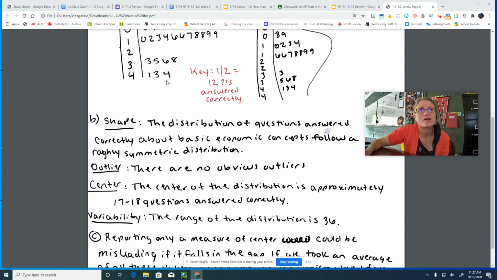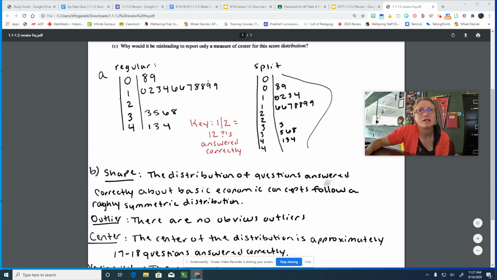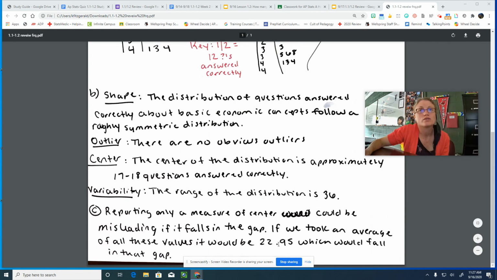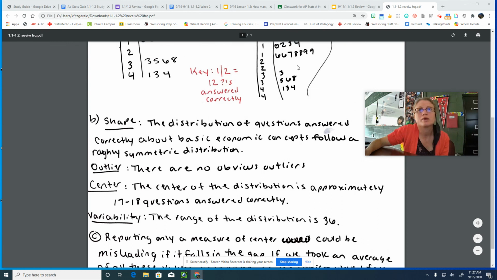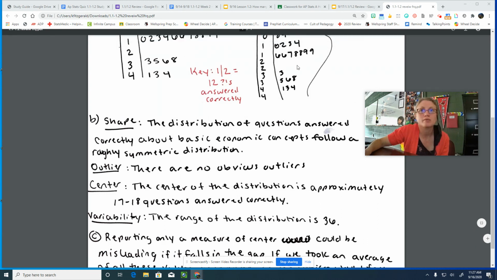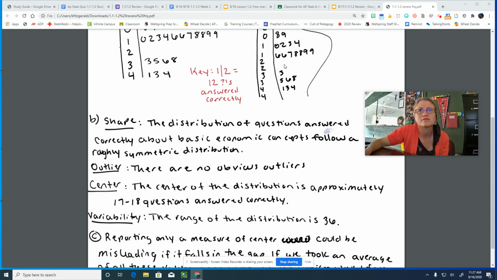So if you added up all these values and divided by how many, you would get 22, which would fall in my gap. So if I reported that as my middle, it wouldn't make a lot of sense because there's nothing there in my plot. So we're a little better off using the median here for center.